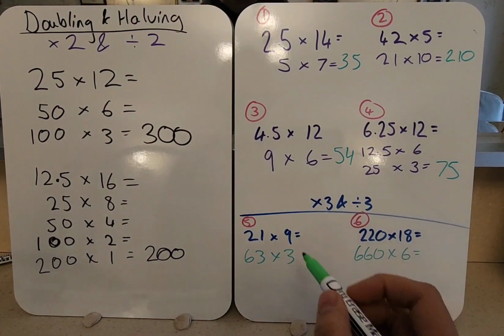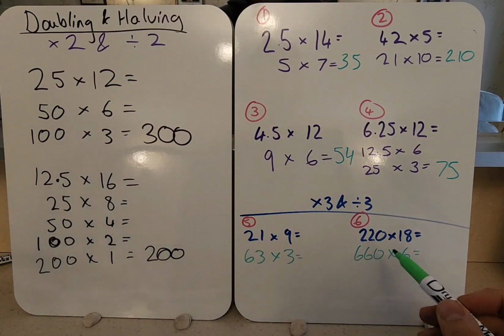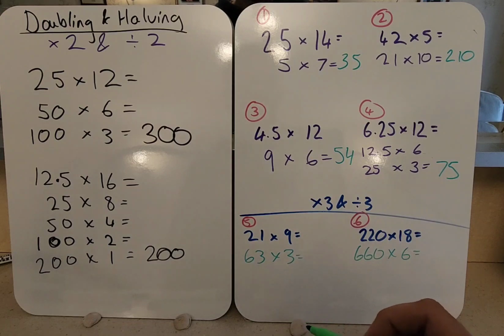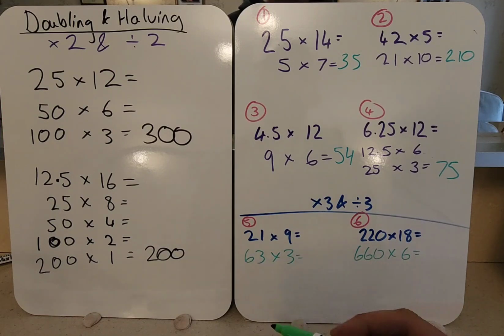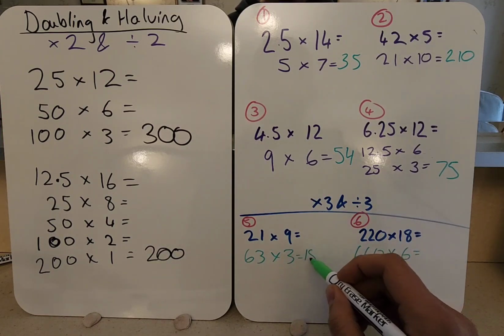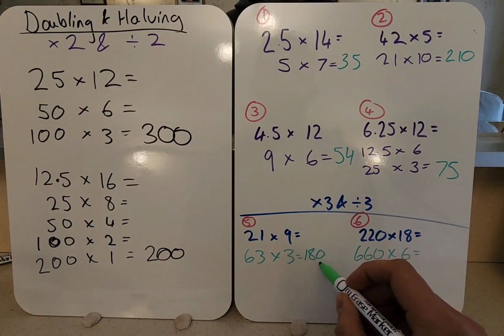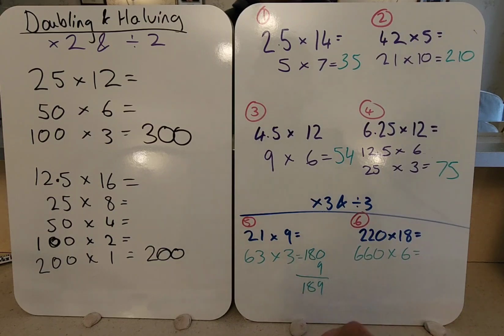Down here, we've got our timesing by 3 and dividing by 3. And these actually only work if this has a factor of 3, and again this also has a factor of 3 in it. And here the reason I showed you partitioning first is because I'm going to go ahead and use partitioning. 3 times 6 is 18, 3 times 60 will be 180. 3 times 3, sorry, is 9, 989. Fantastic. Over here, I'm going to employ the partitioning method again.